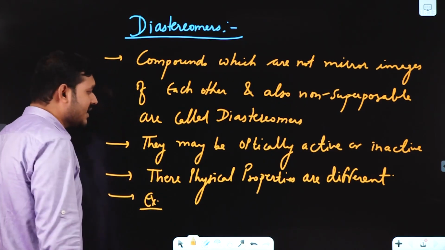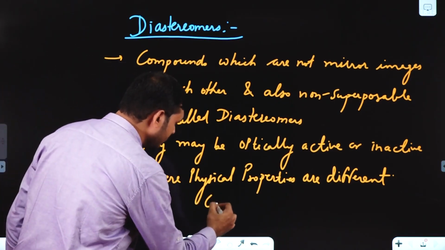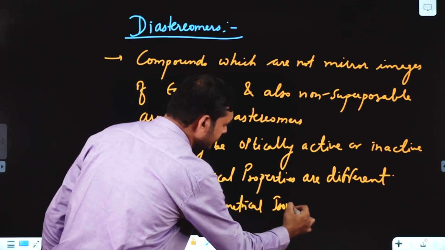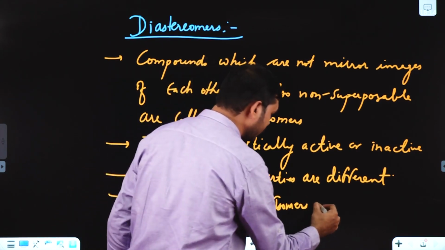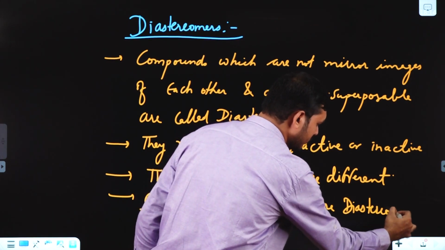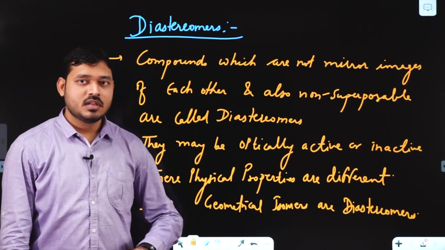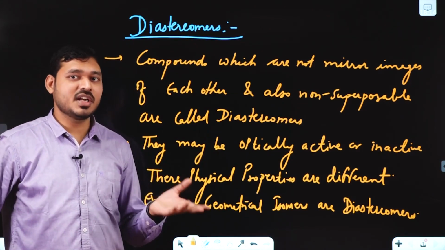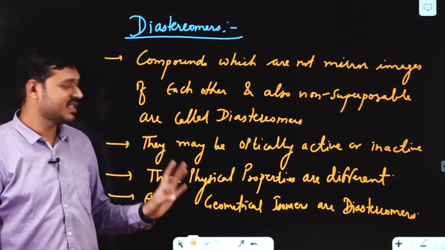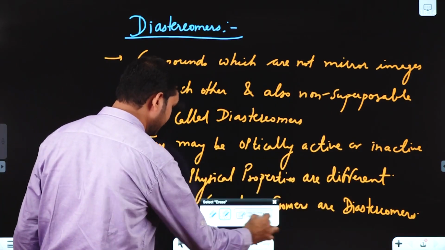Now I am giving you one of the best examples to understand diastereomers. Geometrical isomers are diastereomers. Okay, so diastereomers are actually stereoisomers which are neither mirror image nor superposable. So the best example is geometrical isomers. Let's see with the example.